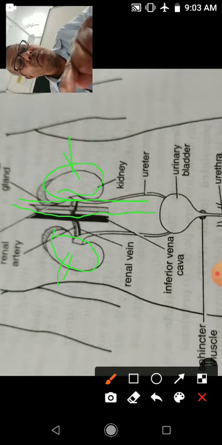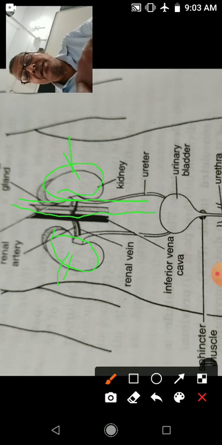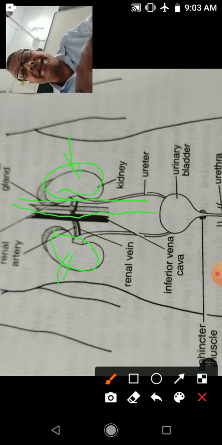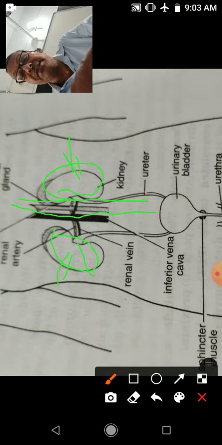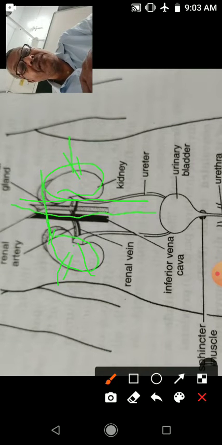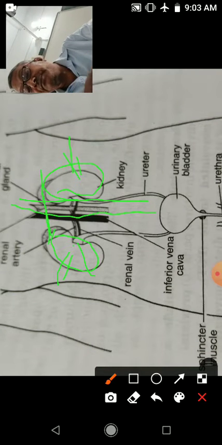Children, we have two kidneys, left kidney and right kidney. Both kidneys do not lie in the same position. You see, both do not lie in the same position. The right kidney is slightly lower.